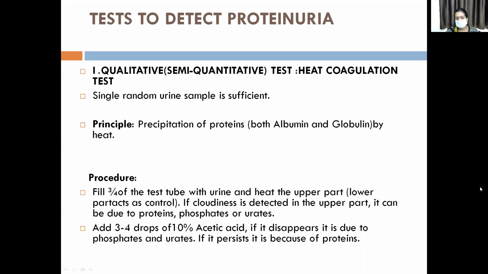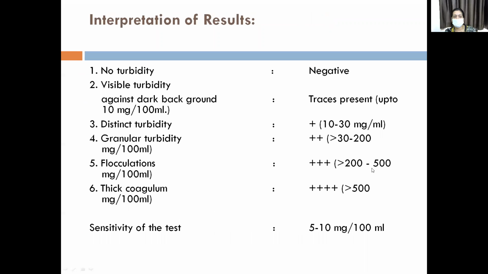The cloudiness is due to the proteins present. Even amorphous phosphates, as I told you while talking about appearance, can give haziness or cloudiness. So you have to know whether it is a phosphate or a protein. Add 3 to 4 drops of acetic acid. If it is a phosphate, it will dissolve. If it is a protein, it will not. That is how you do the heat coagulation test to know about the proteins.